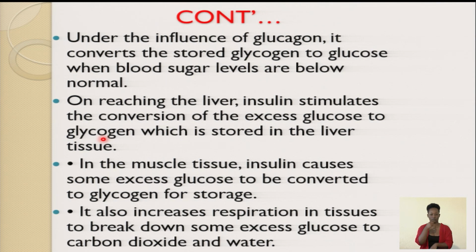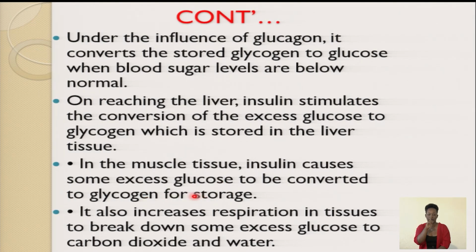Once there is excessive glucose in the blood, what happens, students? It will convert the excessive glucose to glycogen, and it is going to be stored in the liver. And in muscle tissues, insulin also causes some excessive glucose to be converted to glycogen for storage.